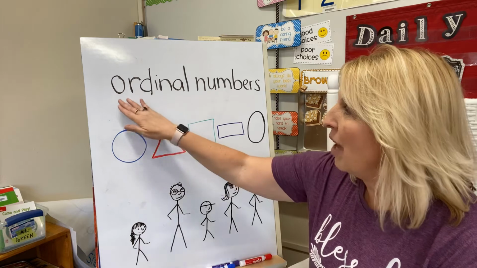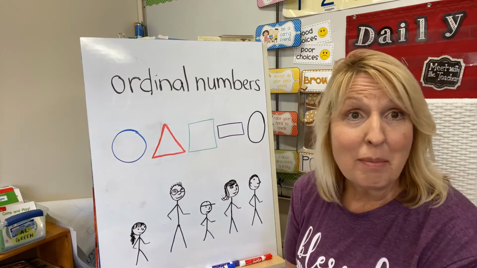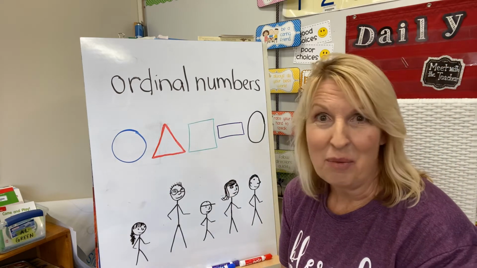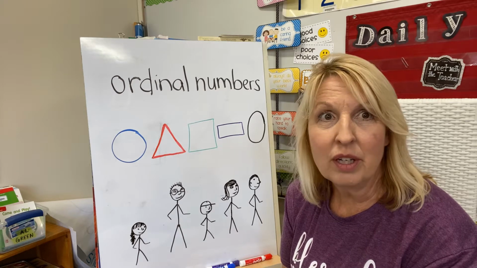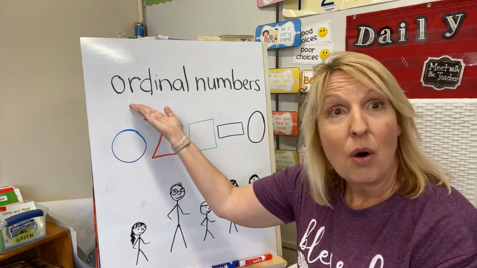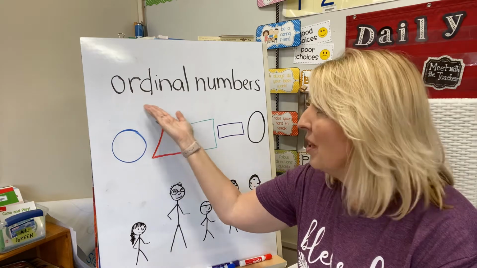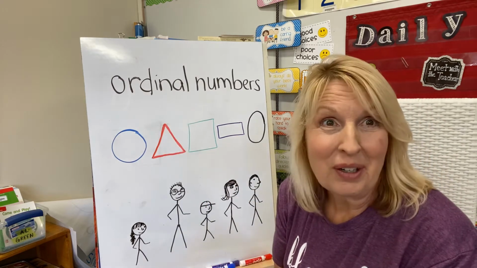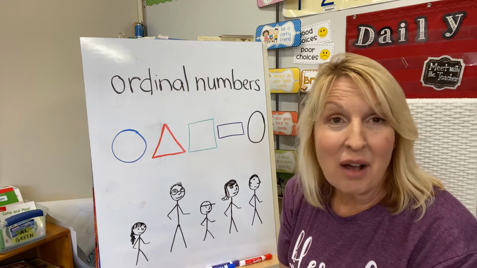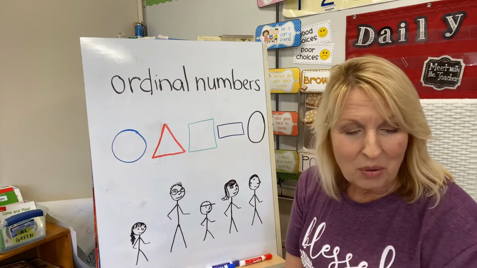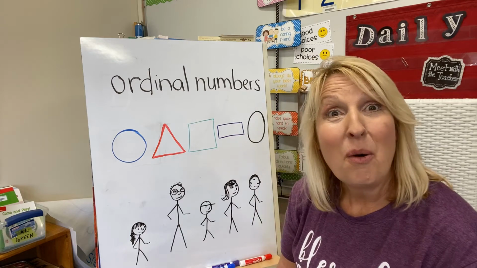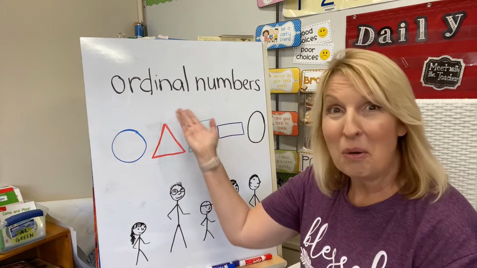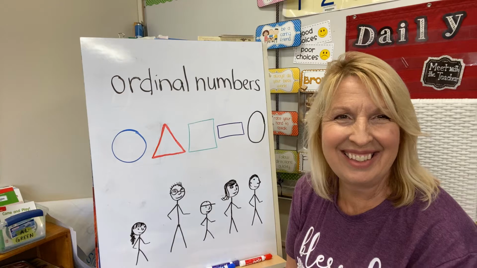If you think about ordinal, you might think of a word in it that sounds familiar, like ordered. Ordinal numbers means order, the order of how things are. So we're going to talk a little bit about how we put things in order to make ordinal numbers.